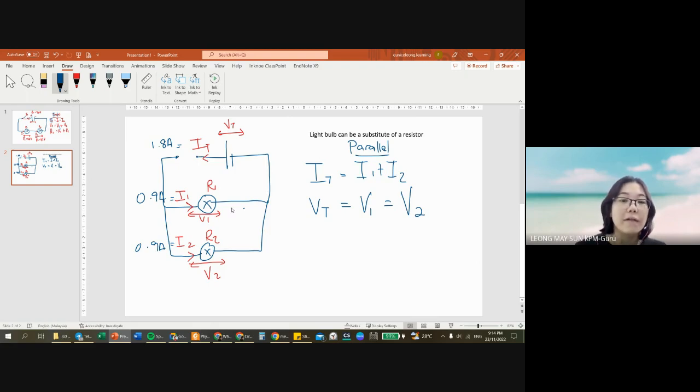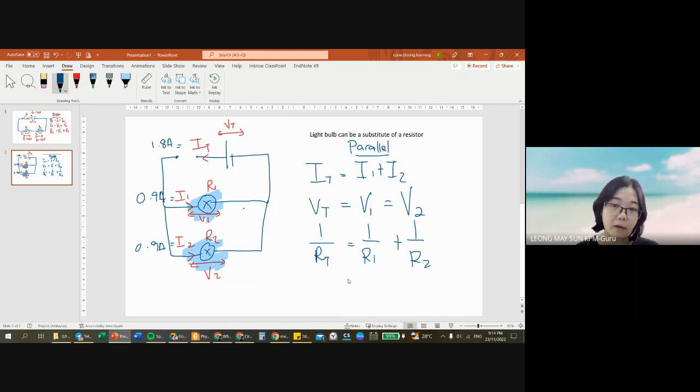For the total resistance in the circuit, light bulb 1 and light bulb 2 are above and below each other, which looks like a fraction. So 1 over R total equals 1 over R1 plus 1 over R2. This is how we calculate the total resistance for a parallel circuit.